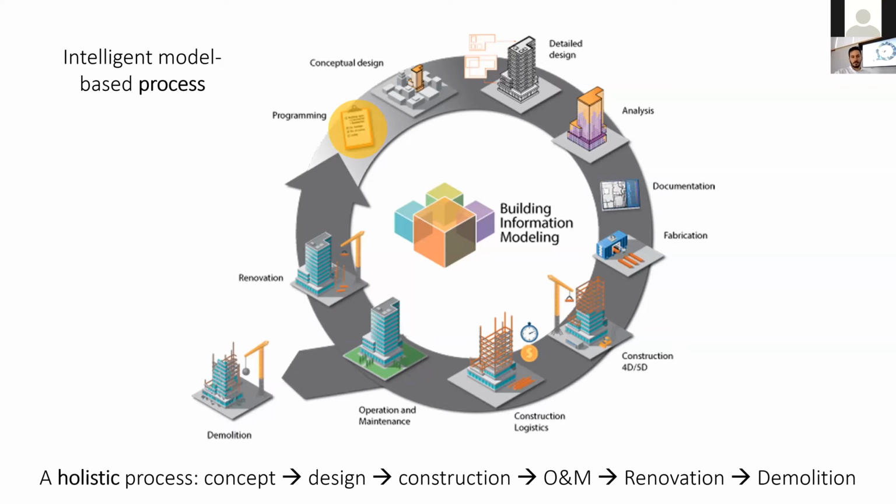So it starts from the programming phase of the project up until the conceptual and detailed design, and you can do different types of analysis for the design that you have, and it goes through the documentation, fabrication of the different elements of the building, and then through the construction phase, and later on when you finish the building, you can use that model or this process in operating and maintaining the building, and either you can use it afterwards in demolition or in renovation of your building.